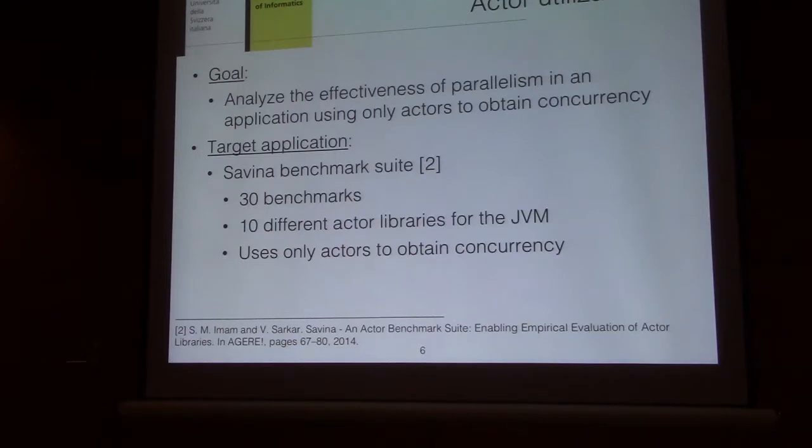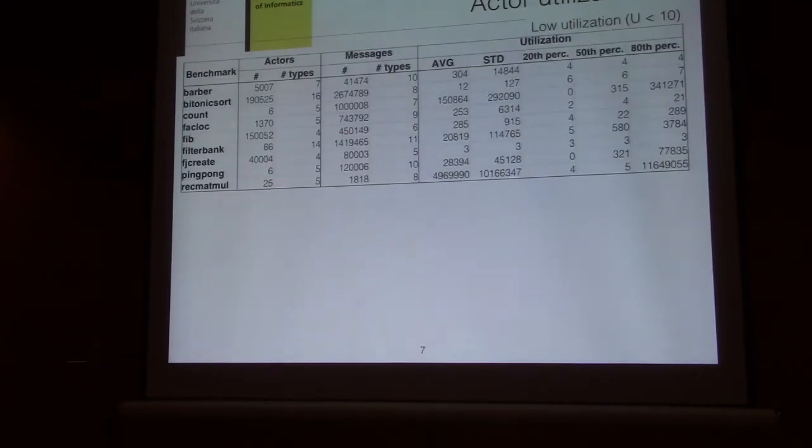We applied our profiler and measured some metrics mainly related to the utilization of each actor in the benchmarks. And we found both little utilized actors and highly utilized ones. And when utilization is too low or too high, this can pinpoint the presence of some performance problem.